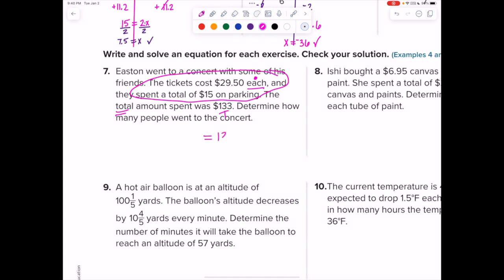So I'm going to put my total over here first, and then what was the situation? Okay, well, we have tickets. So what variable should we use for tickets? Probably T, right? So $29.50 per ticket, that's times T, plus as a group, they spent $15 on parking. So we have that.